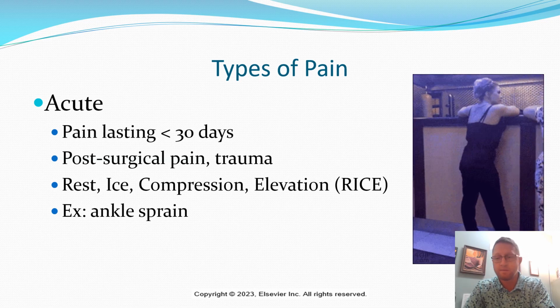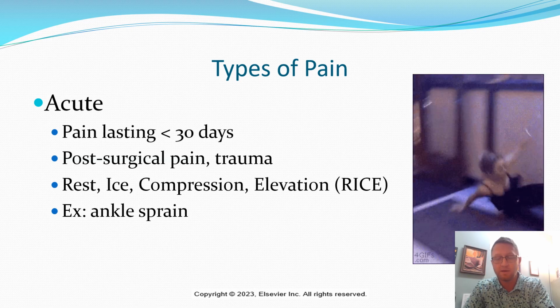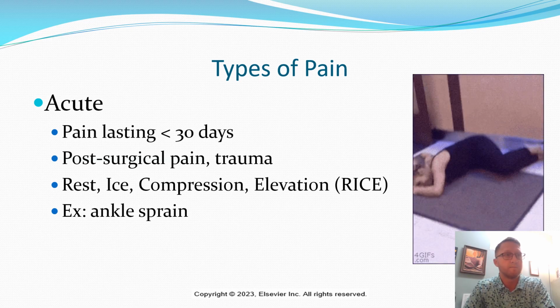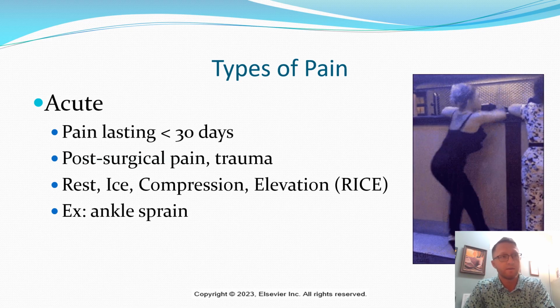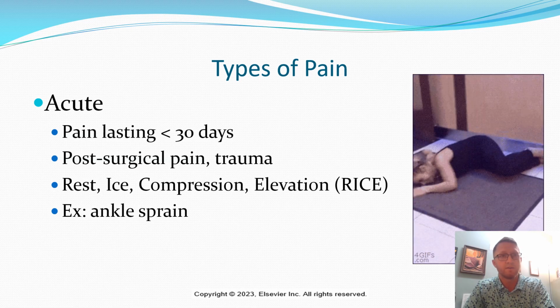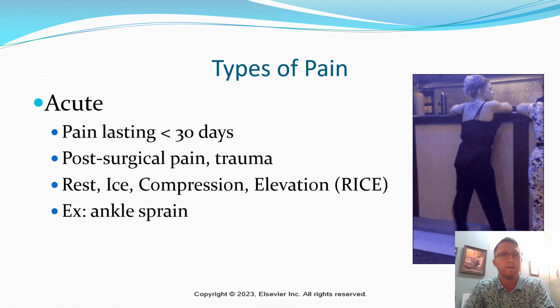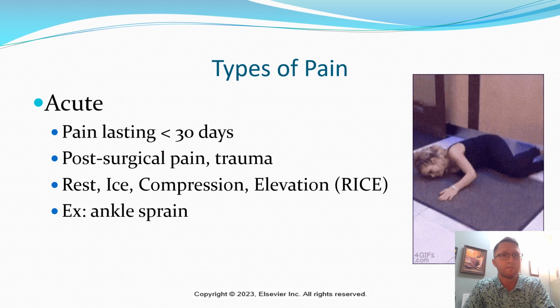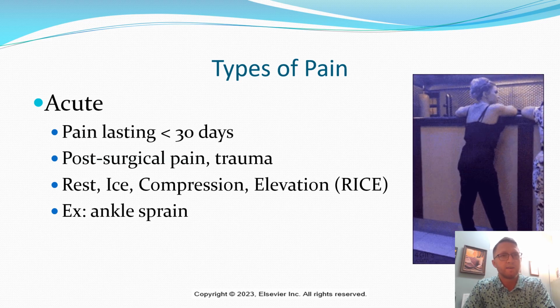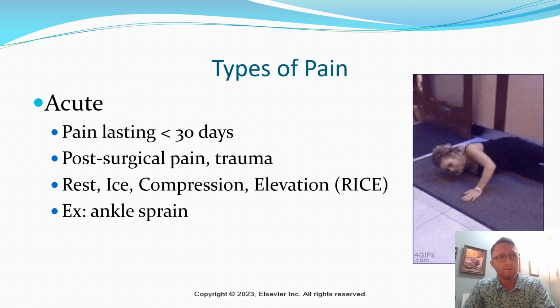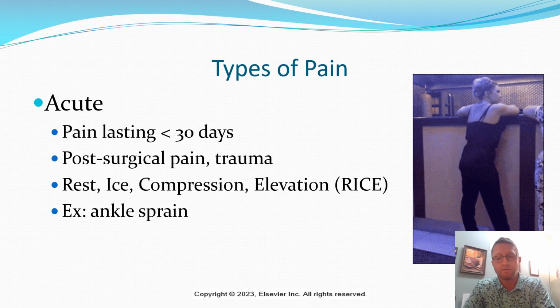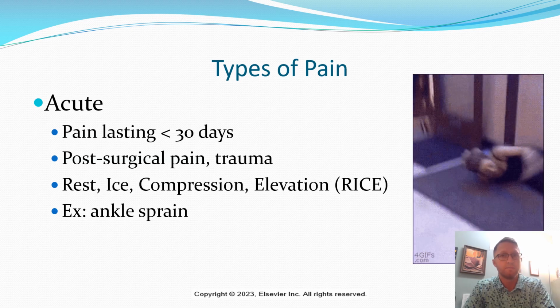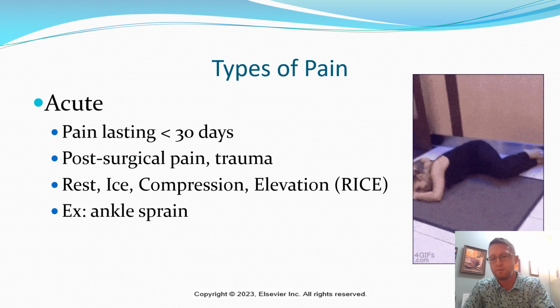We're going to learn more about how to really manage acute pain with our modalities, but some of the things that you'd want to think of: rest, ice, compression, elevation. I'm pretty sure you've all heard that acronym of RICE, okay? So thinking of combining different modalities, ice and compression with elevation would be a good bet for this type of acute pain.